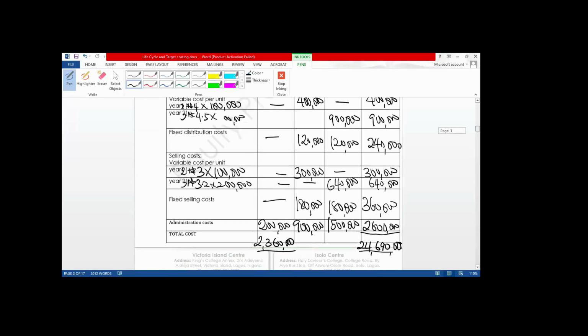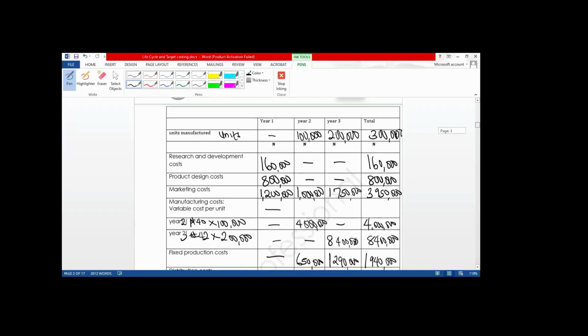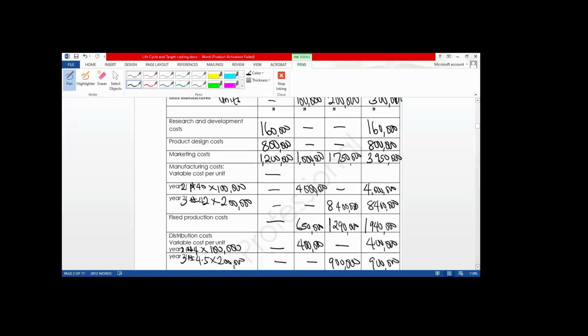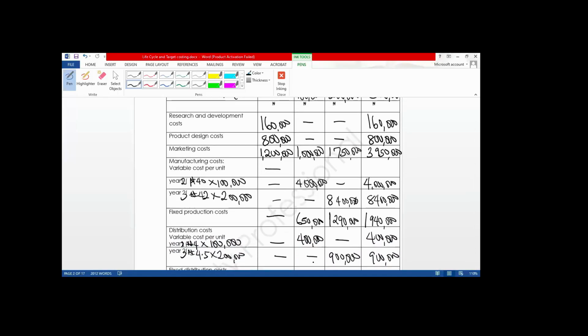Year 2. Let me go up so I can look at it and calculate. You are going to start from your naira sign. 1 million plus 4, that's 5. Plus 650. Plus 400.